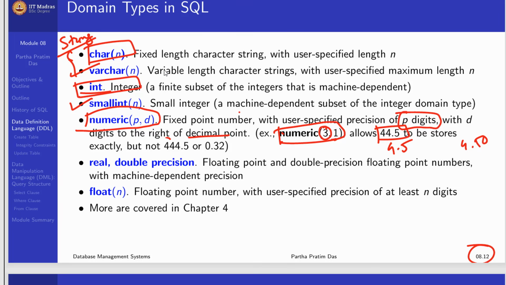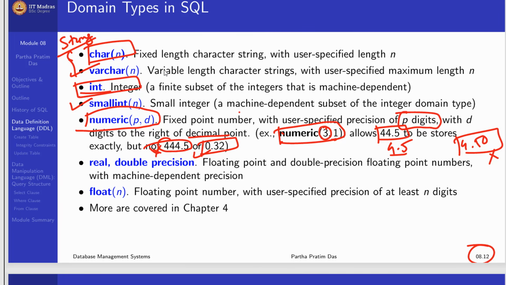Similarly, I cannot insert 44.50 because in total we should have 3 digits, but here we have 4 digits. Here also, after the decimal point we should have only 1 digit, but here we have 2 digits. That's why we cannot insert these two values when we say numeric(3,1). We can insert 44.5 and 4.5 as well, but not 4.50, because after the decimal point we have 2 digits.